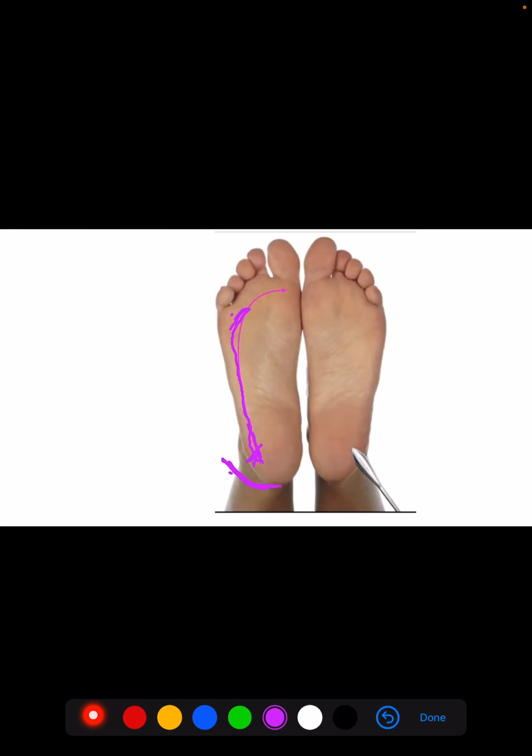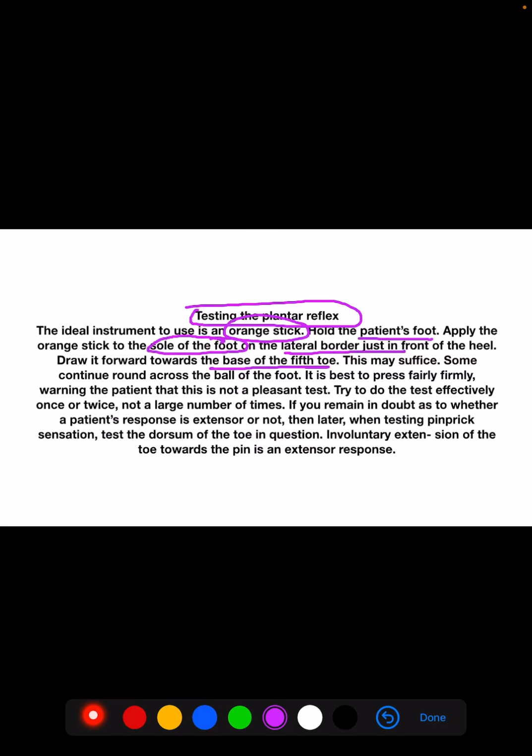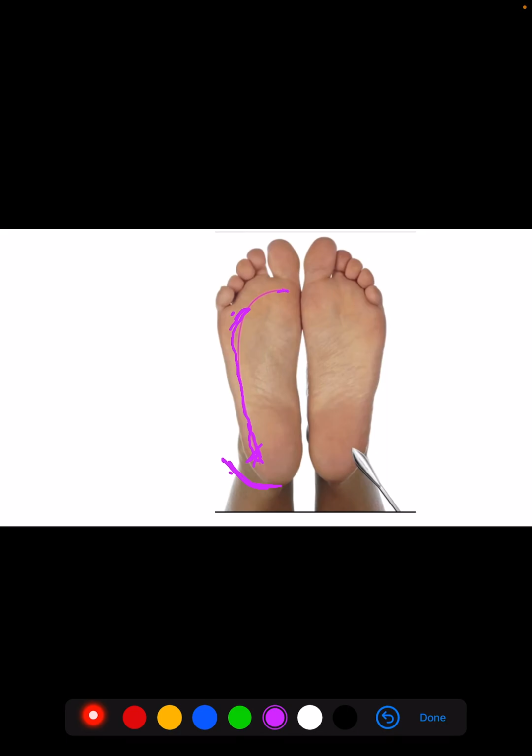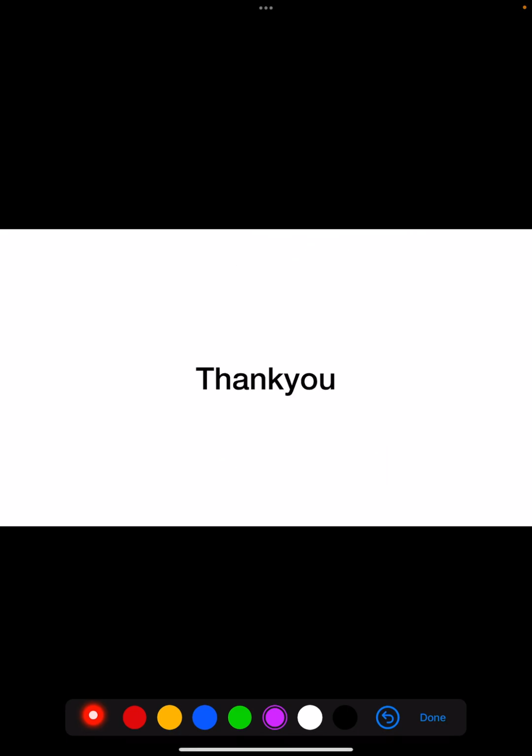This may suffice, but some continue across the ball of the foot.